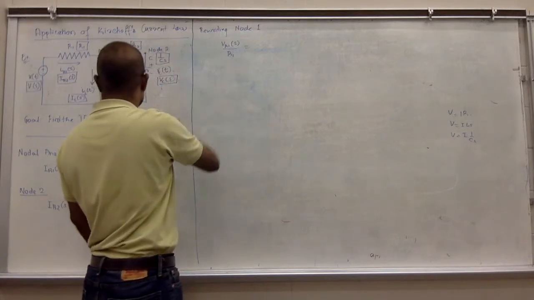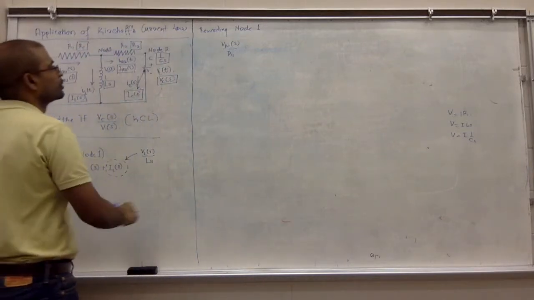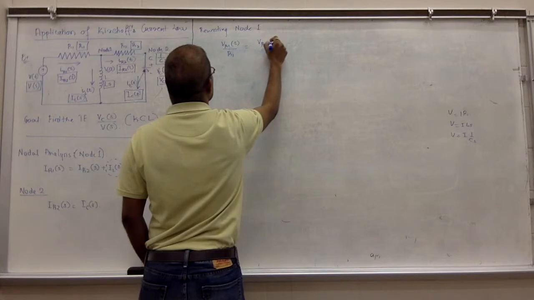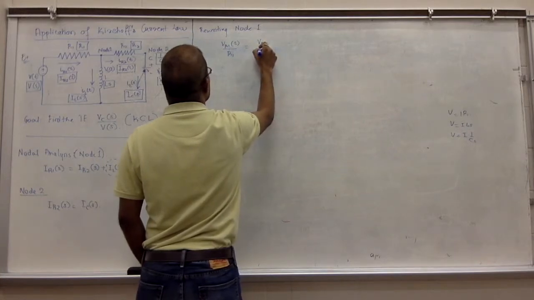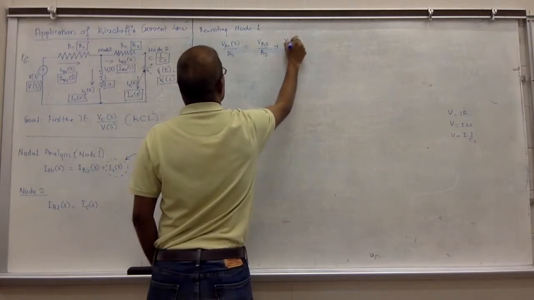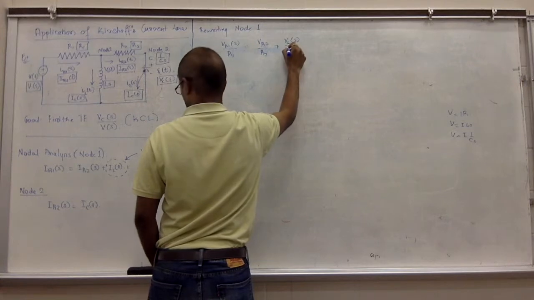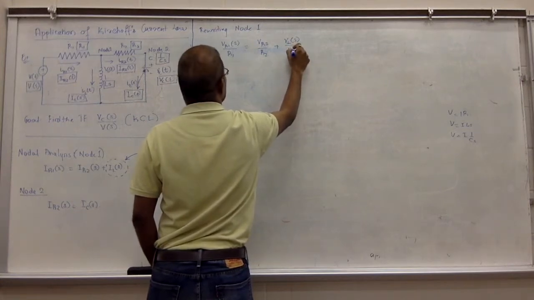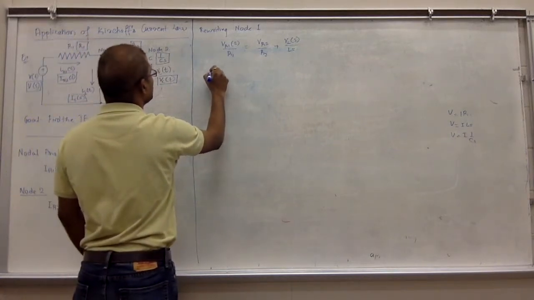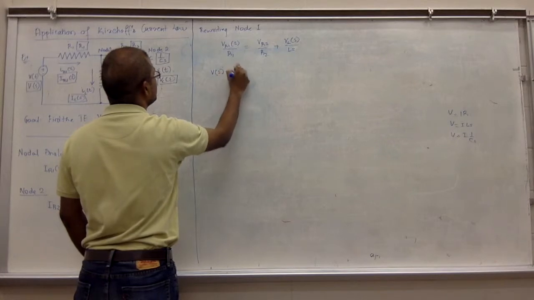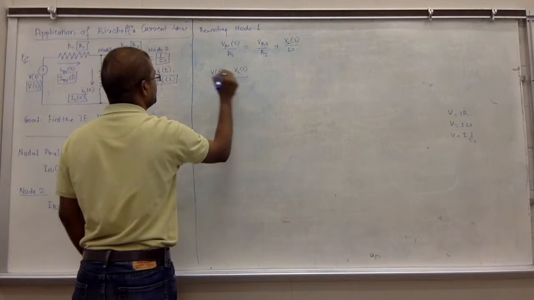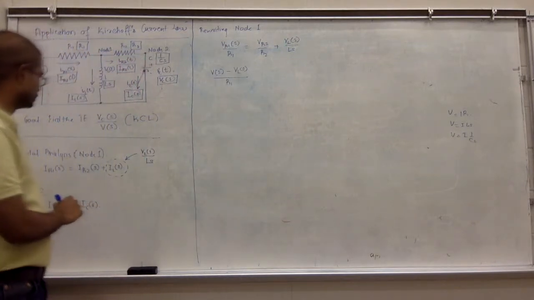Again, I can do the same thing here. IR2 is VR2 over R2 plus VL of S over Ls. So this VR1 is V of S minus VL of S divided by R1.